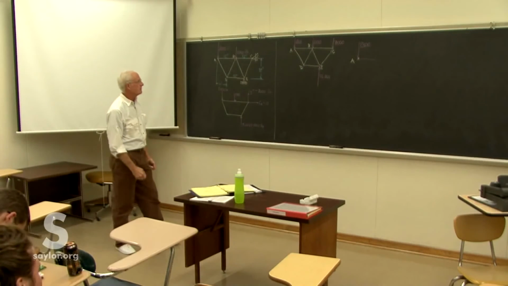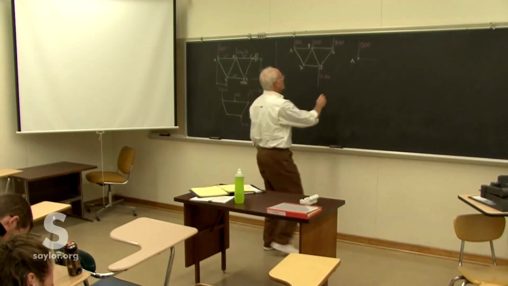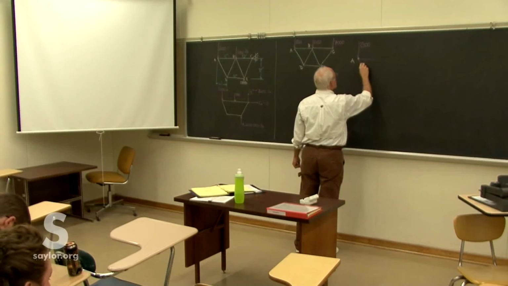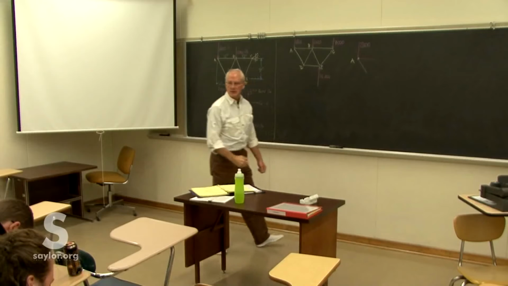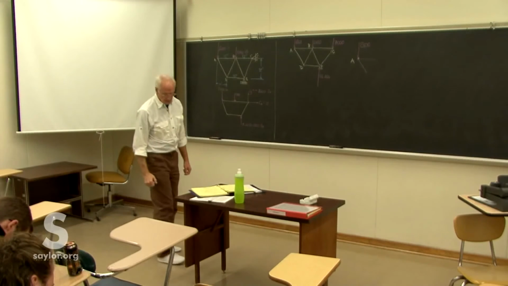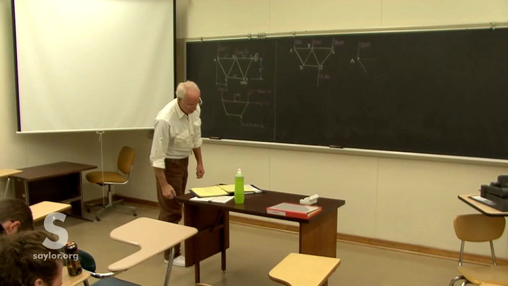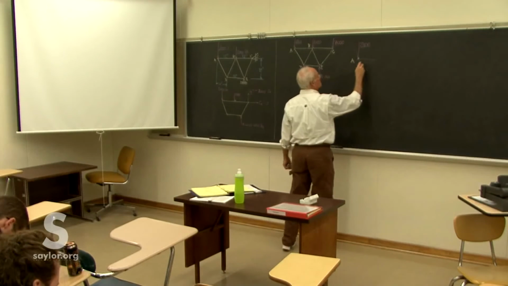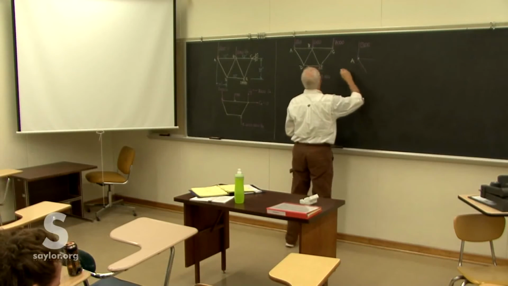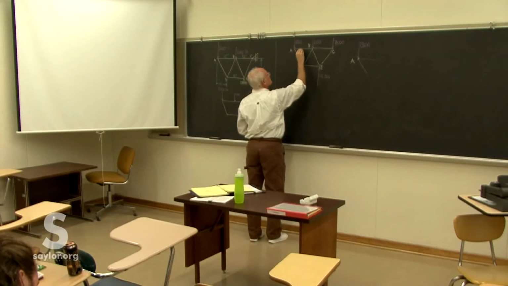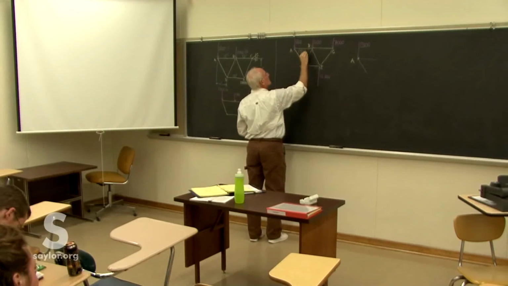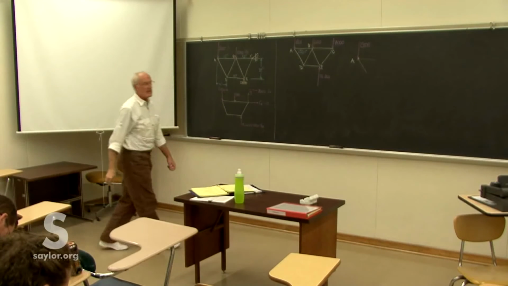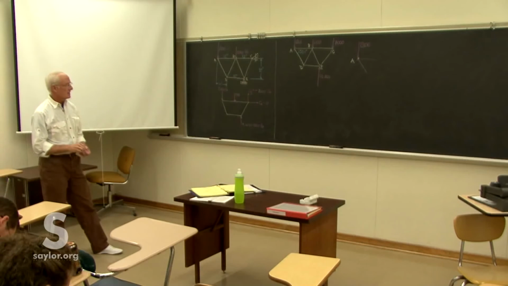Maybe I can get that before I go any farther. And I know that there must be a force lined up with the member going down to D. And by the way, from the dimensions, it turns out that this is 53.1 degrees. We're going to need that, obviously, because now we need to sum the forces in the different directions.